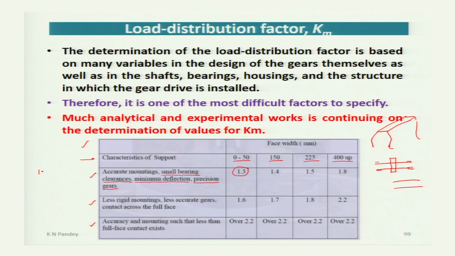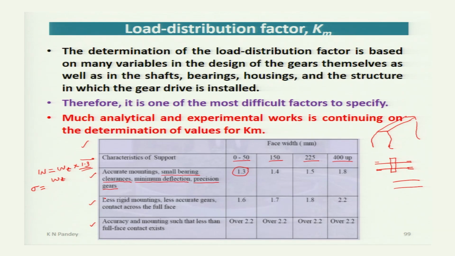That means W will be equal to WT multiplied by 1.3. That means 30% increase in WT. We are increasing WT by 30%, and so sigma, which is directly proportional to WT, will also increase by 30%. So we are presuming that more stresses are developing at the root of the gear.